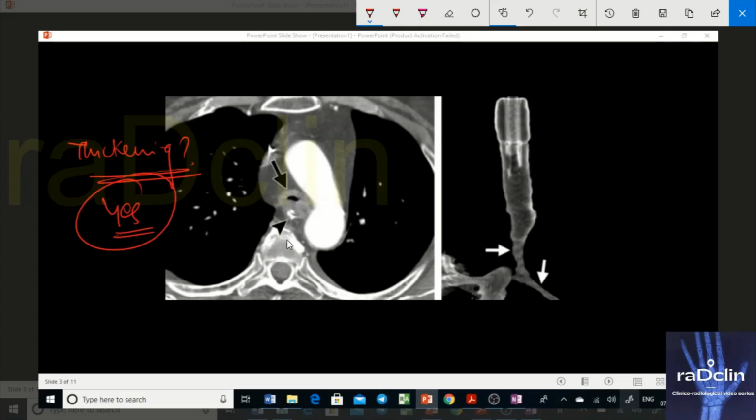So what do you see? Is there selective involvement of a particular part of the trachea, or is the complete trachea involved? Is there circumferential involvement, or is there any particular sparing? Definitely there is circumferential involvement. There is no sparing here.